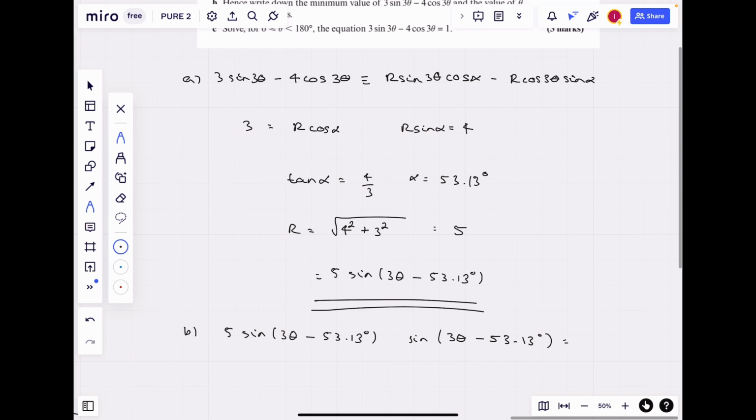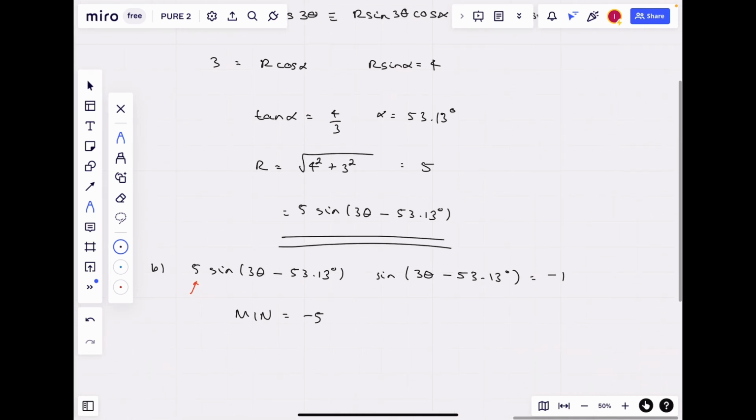So in the sine graph, what's the lowest value? What's the minimum value? If the maximum is 1, minimum is minus 1. Now, to this, you have a 5 in front. So the new minimum is minus 5.